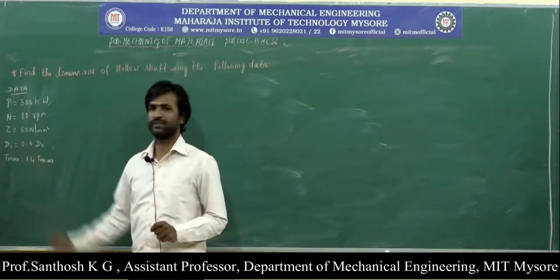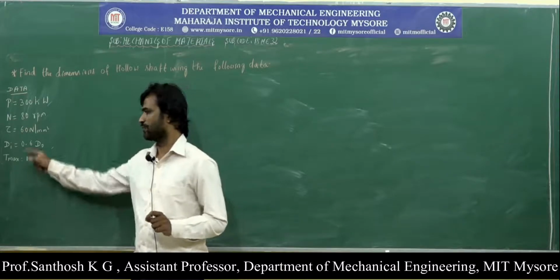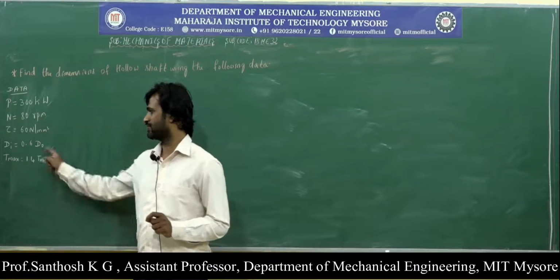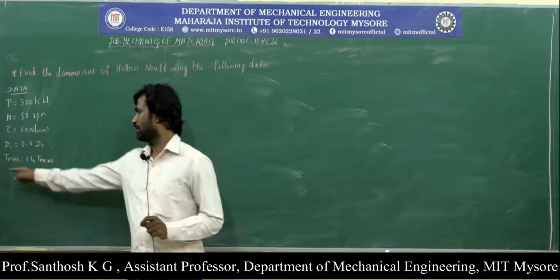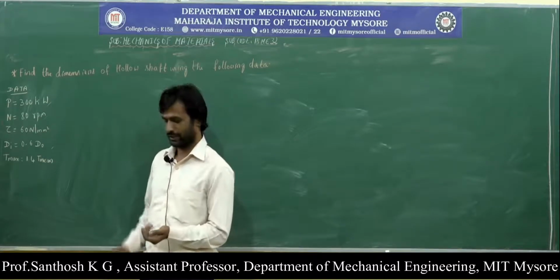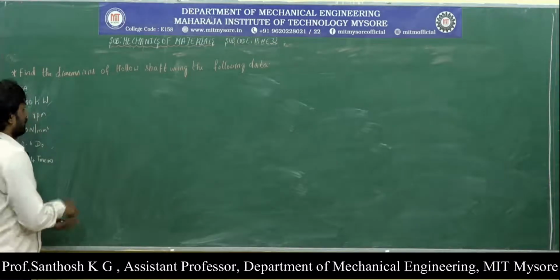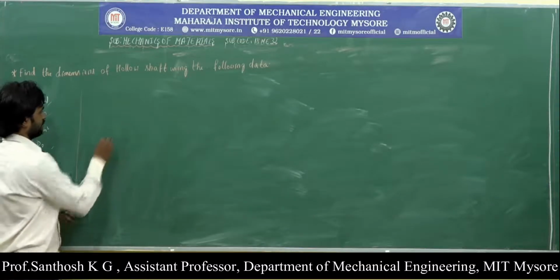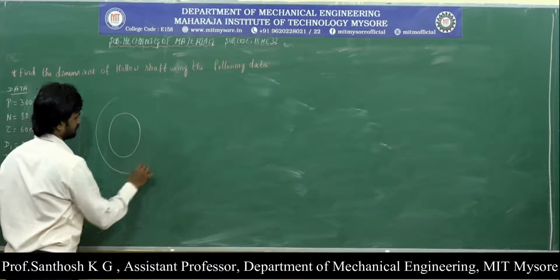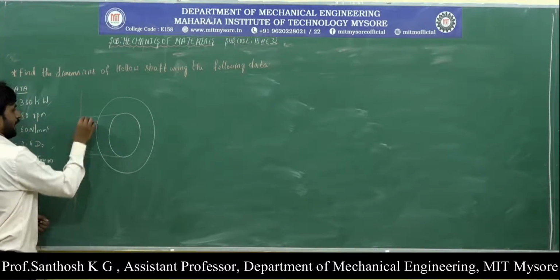And also they have specified that the internal diameter of the shaft is equal to 0.6 times the outer diameter, which is d naught, and also the maximum diameter is equal to 1.4 times the mean diameter. Here if I consider the cross section of the hollow shaft, we will get two diameters.